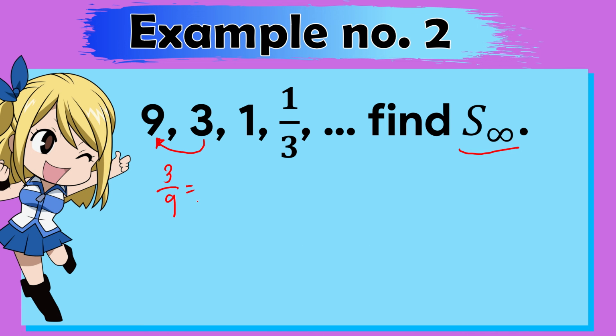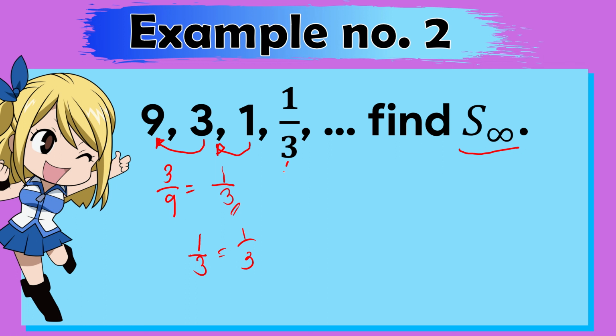Since hindi siya pwede natin i-divide, so pwede natin gawin ay lowest term. And both numbers ay divisible by 3. 3 divided by 3 is 1 over 9 divided by 3 is 3. So we have 1/3. Next, 1 divided by 3. So obviously that is 1/3.